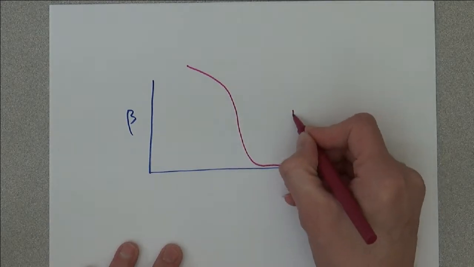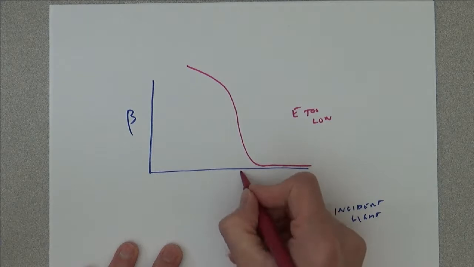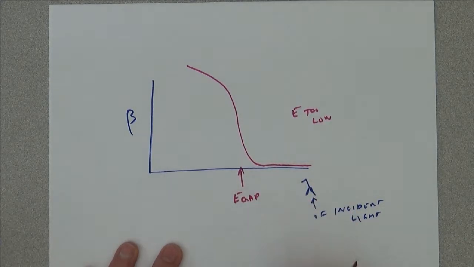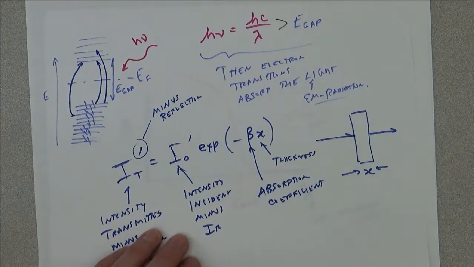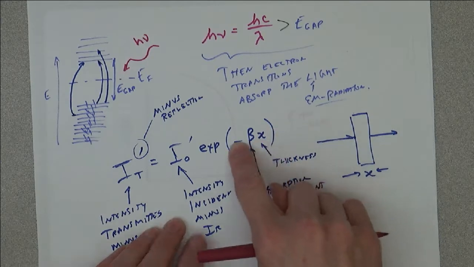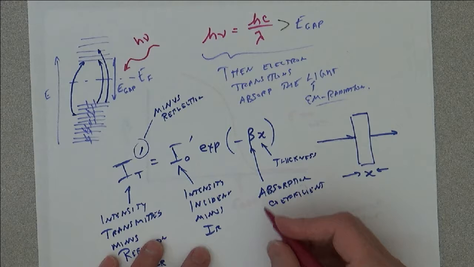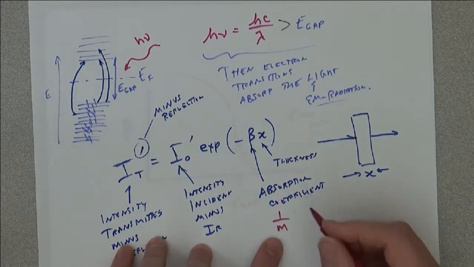So consider the gap. This absorption coefficient, in order to get the contents inside the exponential to be unitless, must have units of inverse meter.